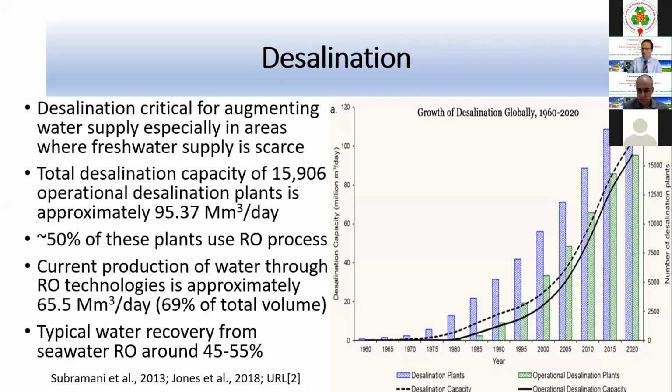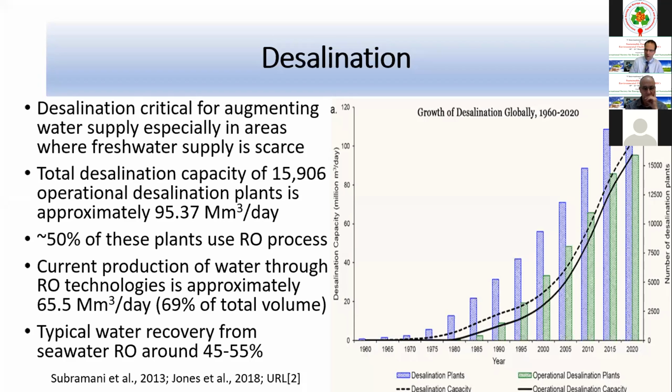Roughly 50% of these desalination plants use the reverse osmosis process. Reverse osmosis typically produces roughly 65.5 million cubic meters of water per day, amounting to recovering roughly 45 to 55% of the influent seawater.